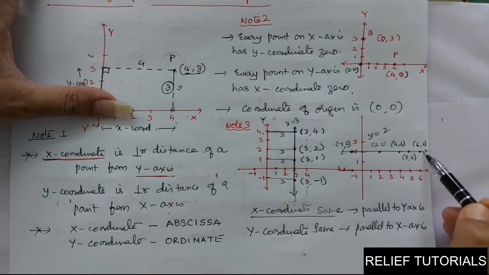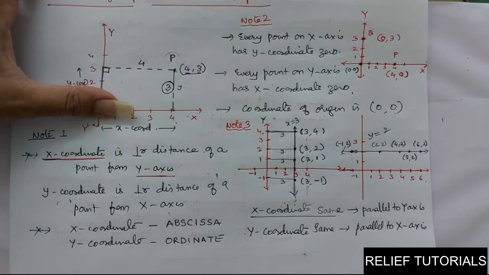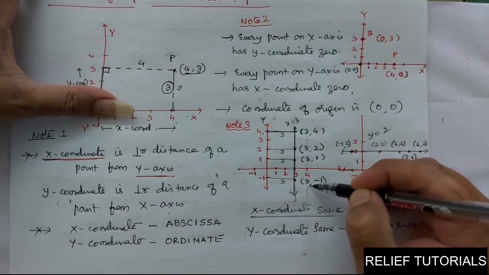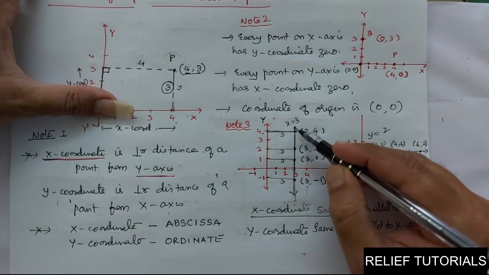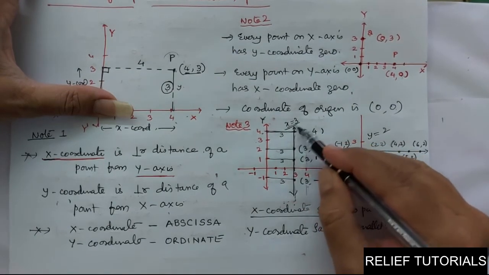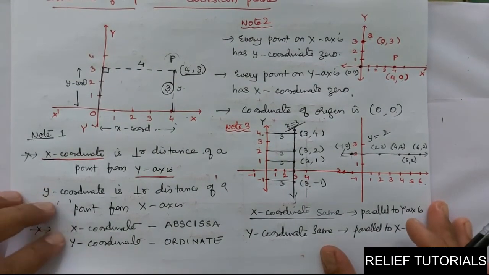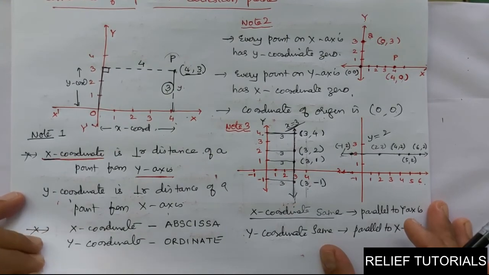If the y coordinate is the same, it is parallel to the x axis. Or in other words, if the x coordinate is the same, 3, 3, 3, this line will pass through 3 on the x axis, so it is called x equals 3. Have you got it? These are very important notes you have to remember. Clear?